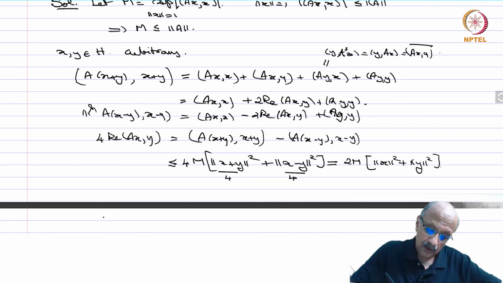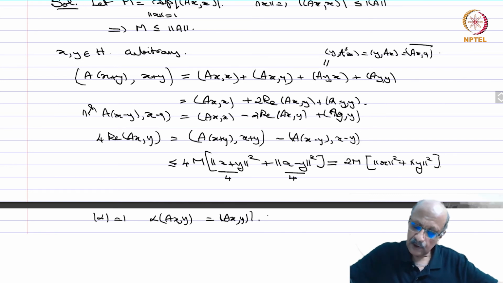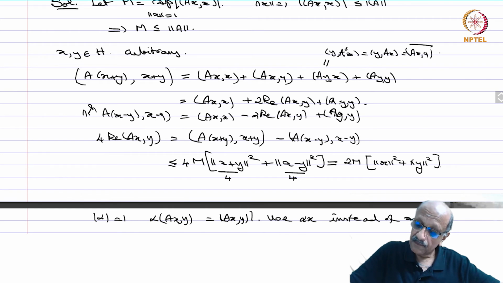Therefore, now you take alpha, |alpha| equal to 1, alpha times A(x,y) equals |A(x,y)|, and use alpha x instead of x above.